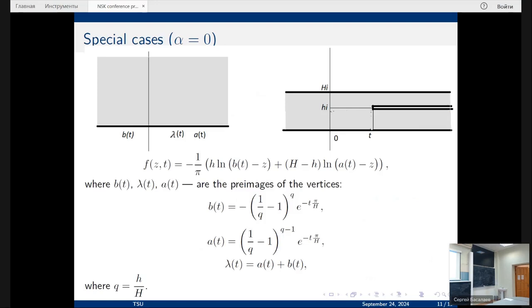Now I will just present the special case when alpha equals 0, the figure in front of you. Some time ago I considered this case. The family of mapping f(z,t) and the parameters b, a, lambda are given by the formulas over here.